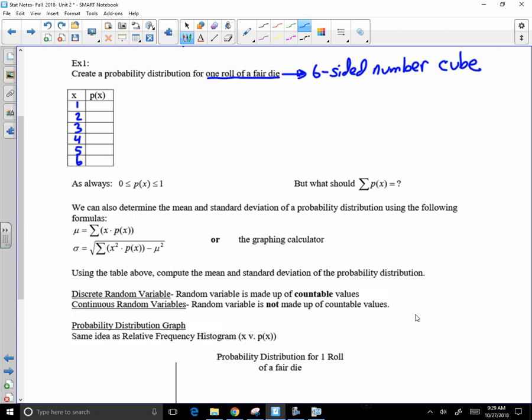And there it is. So P of X, in each case, we have a 1 in 6 chance of getting what we're looking for. I got a 1 in 6 chance that I'll get a 1. I got a 1 in 6 chance that I'll get a 2, a 3, a 4, a 5, and a 6.